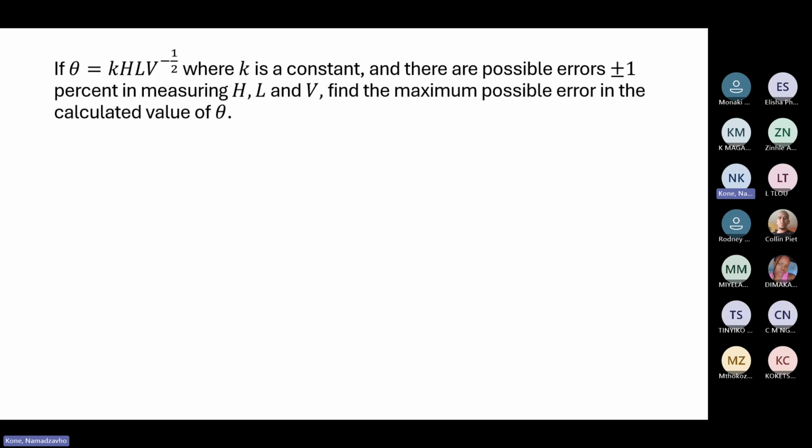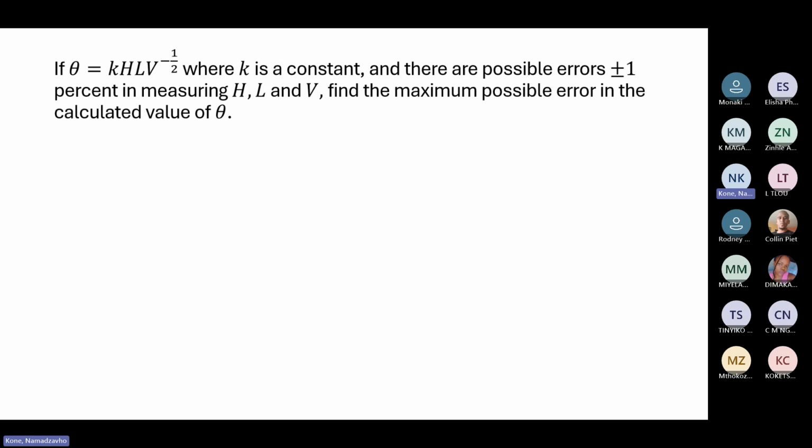Now let's first read the question together. It says, if theta equals k h l v to the power of minus half, where k is a constant. You know, this equation could have been given as khl all over square root of v. If it was given like that, you will need to first change it to look like what it is now here.